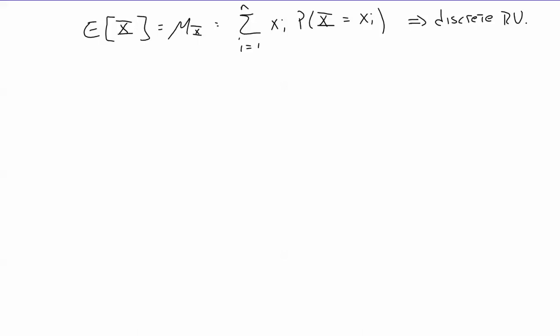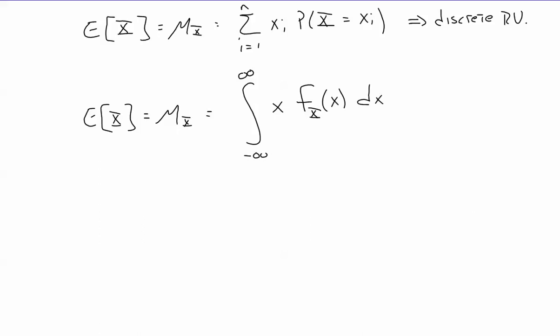What about for a continuous random variable? For a continuous random variable, we do this. I replace my summation with an integral, and I'm going to integrate over all possible values, with an infinity on the top. And instead of having specific values, little x sub i, I'm going to put in a variable x, and instead of having discrete probabilities, I'm going to have a probability density function.